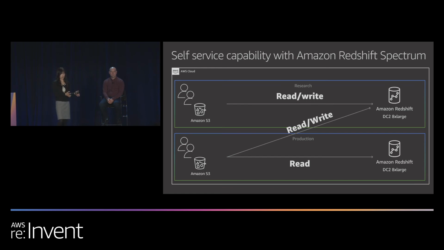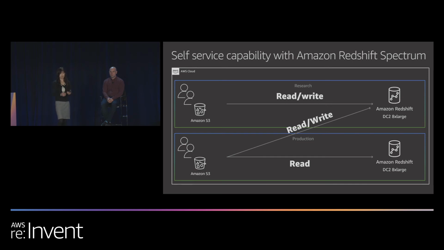So users will have read-only access to the data in the Redshift cluster. Now, we grant copy or write privilege to the power users, a small subset of users, so they have the ability to copy the data from the S3 bucket in production to the Redshift cluster in the research environment.